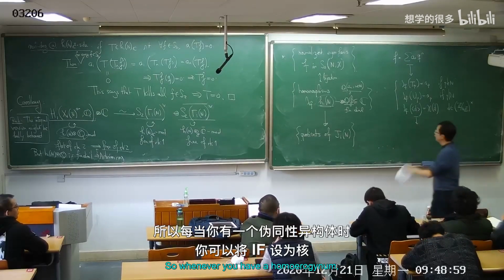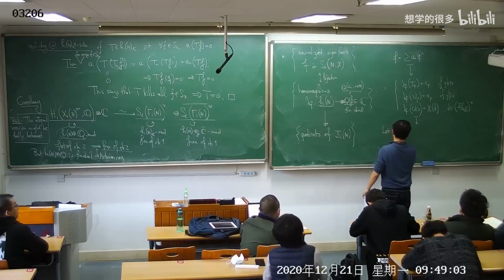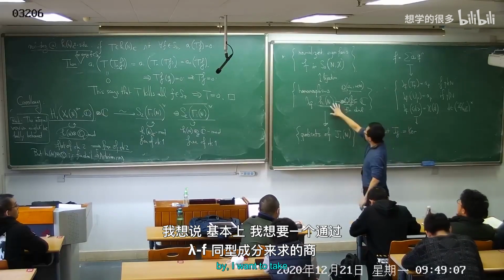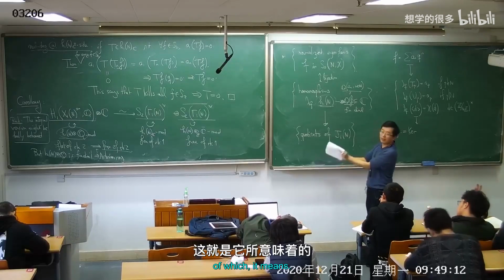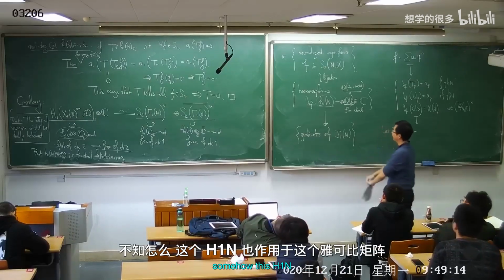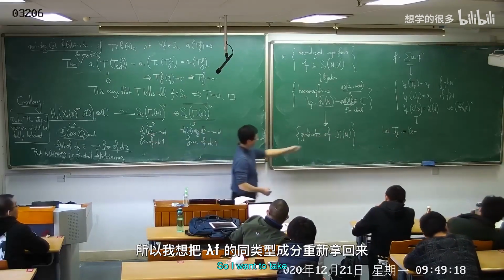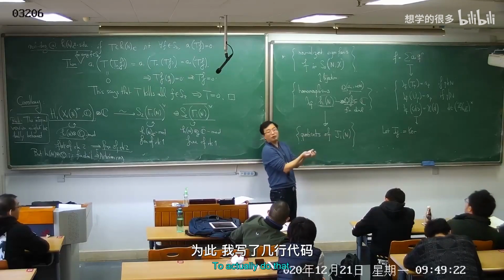Whenever you have a homomorphism, we can let I_f be the kernel. Basically, I want to take the λ_f isotypic component of the Jacobian, on which this H1(N) also acts. So I want to take the λ_f isotypic component of that.